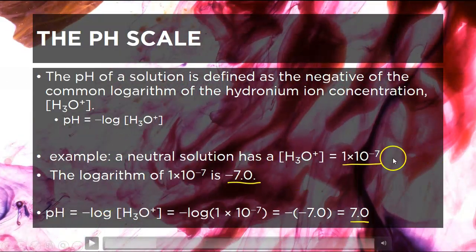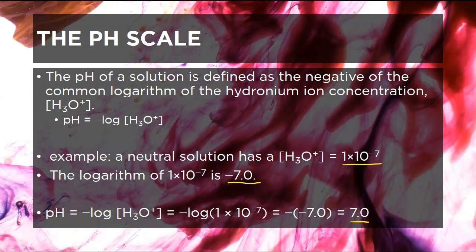The log of 1 times 10 to the negative 7th is just the power of 10. It's negative 7. And then for pH, we're saying it's a negative log. So that's where we get saying something has a pH of 7 if it's neutral.